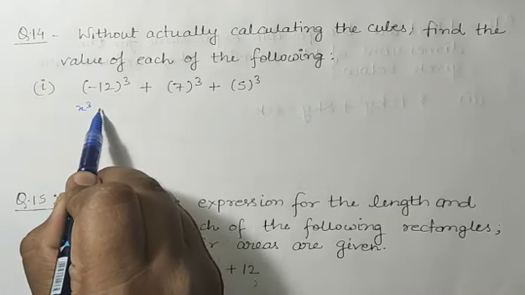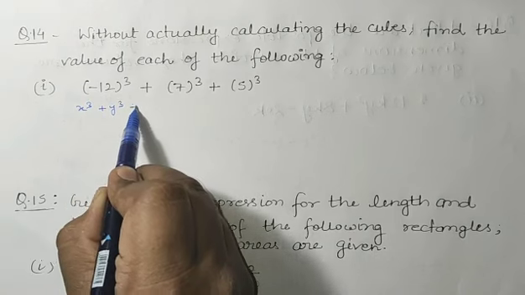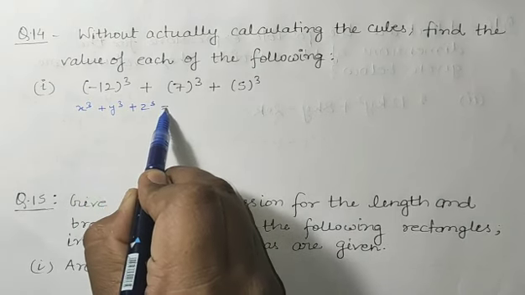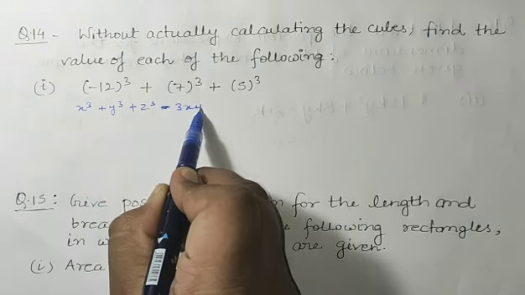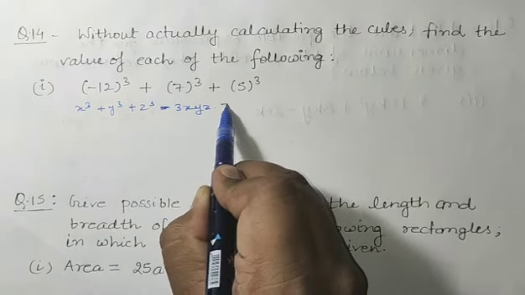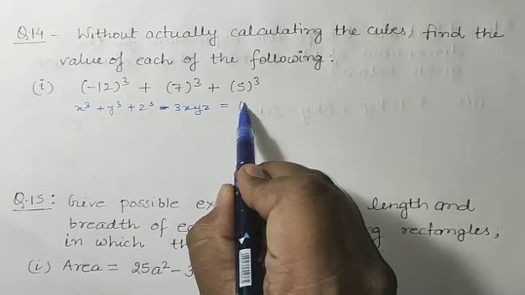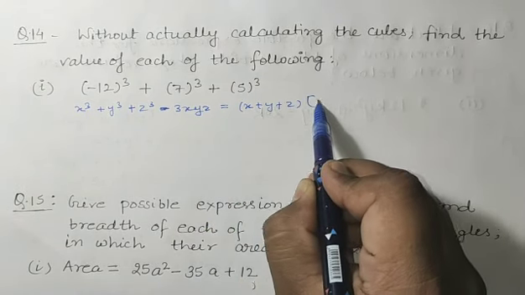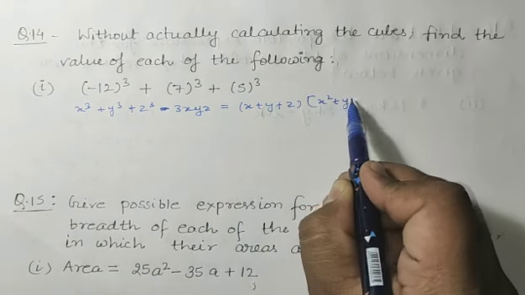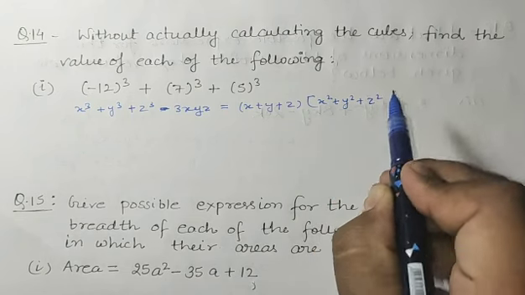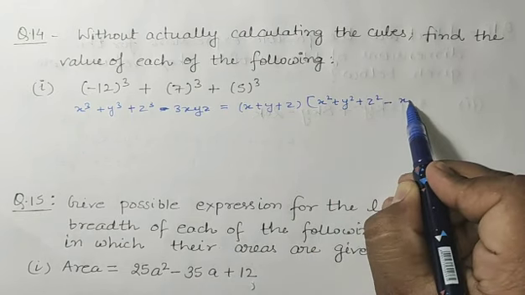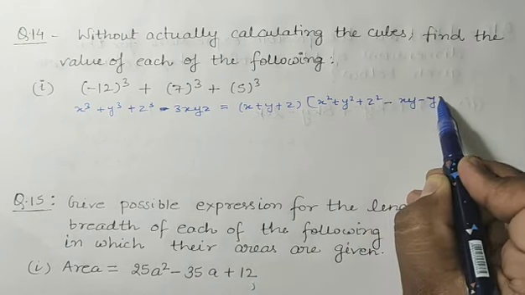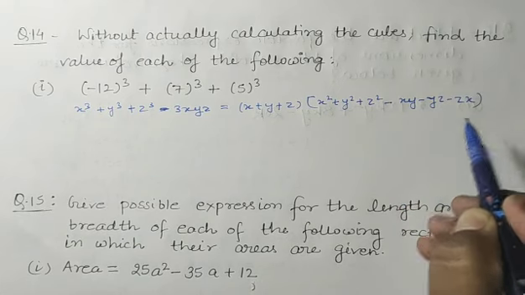The formula for x cube plus y cube plus z cube minus 3xyz is equal to what? X plus y plus z, and in the second bracket x square plus y square plus z square minus xy minus yz minus zx.